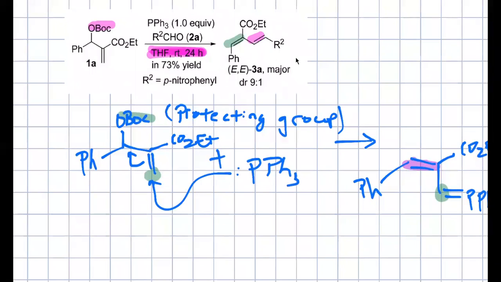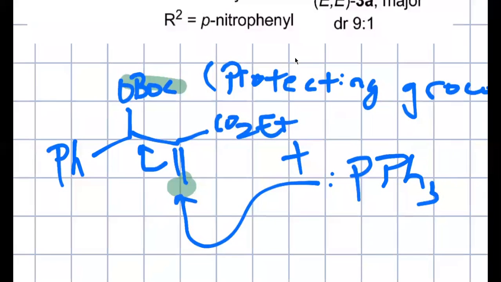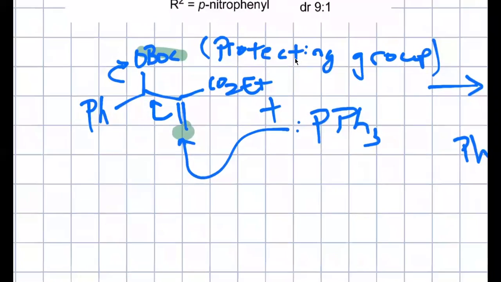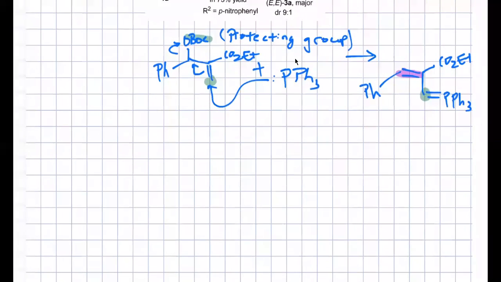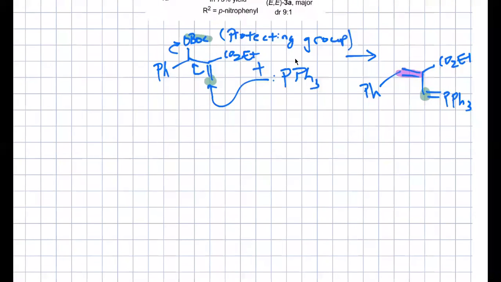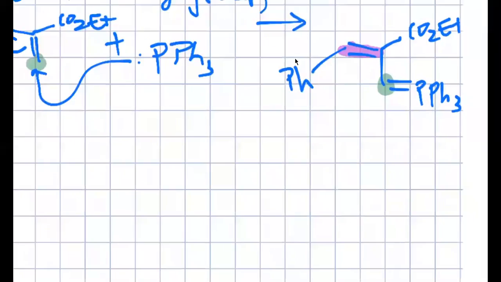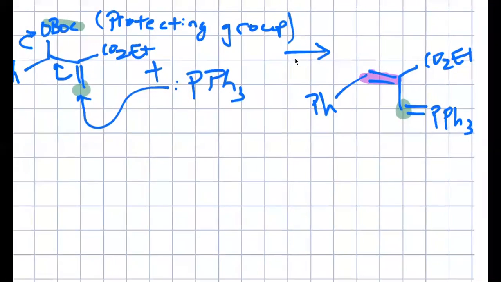Right. Now, what else has to happen? The OBoc group has to leave. Yeah, I have to get rid of the oxygen. And the fact that it has a Boc protecting group on it makes it a better leaving group too. Right. So that's going to get me to here.